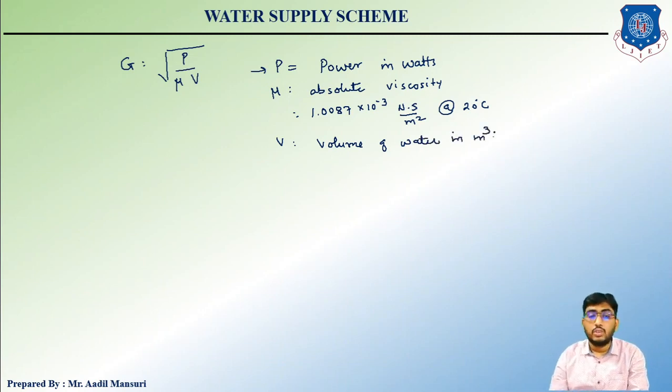So this is a relation from which, if any three quantities are known, we can find out the fourth quantity.